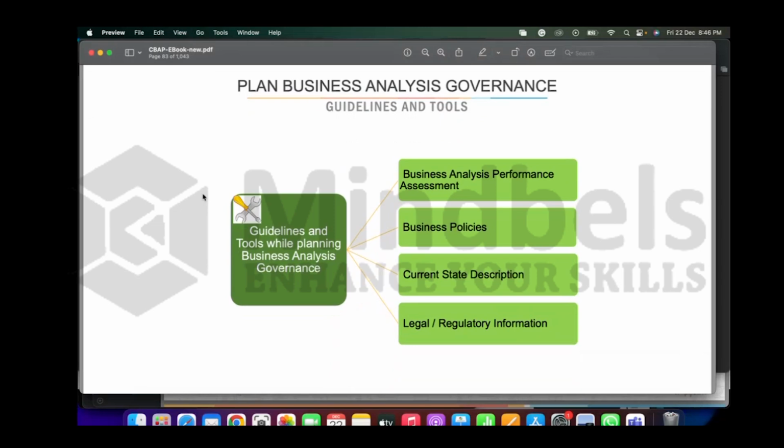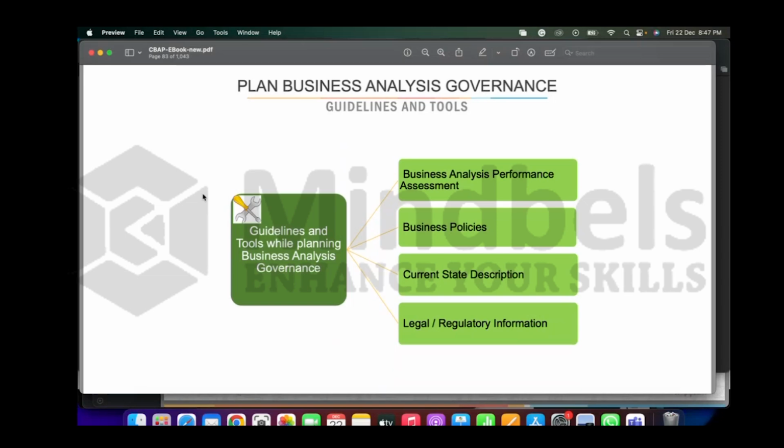Now, what are the guidelines and tools? You have to see the guidelines and tools of governance. Again, assessment of performance, policies, current state descriptions, legal and regulatory information. That is very important. When you're doing governance, you need to be very strong with the terms and terminologies of legal requirements, because when you're helping the organization with their business products, you need to be very careful with their legal structure as well.